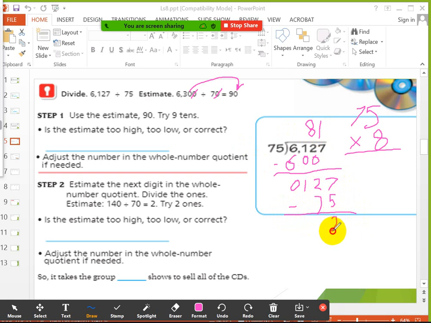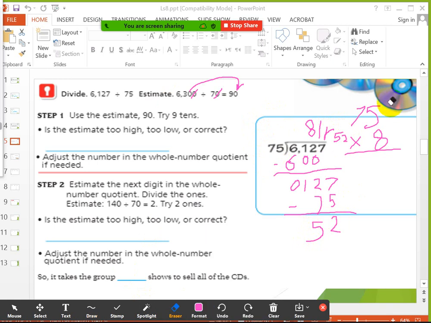Equals 2. Now, 12 minus 7 equals what? Equals 5. So now, can I divide 52 by 75? Can I? No, I can't. So it will be what? Thank you, girls. That's right. It will be a remainder. So the remainder is 52.